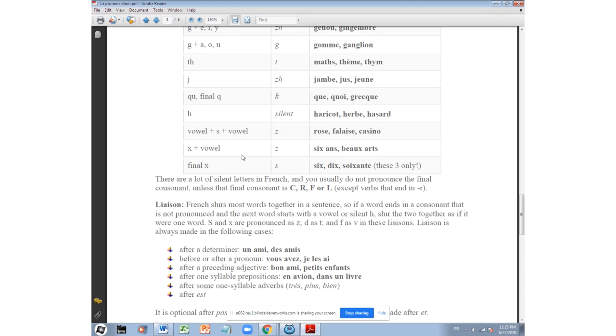So I was explaining, as much as we are saying that the finals of the consonants, when a word ends with a consonant without a vowel, then we say generally that consonant is supposed to be silent. But now in this case, we say R, F, L. These words are pronounced except the verb that ends with R. And this one we will see when we come to the first group verbs.